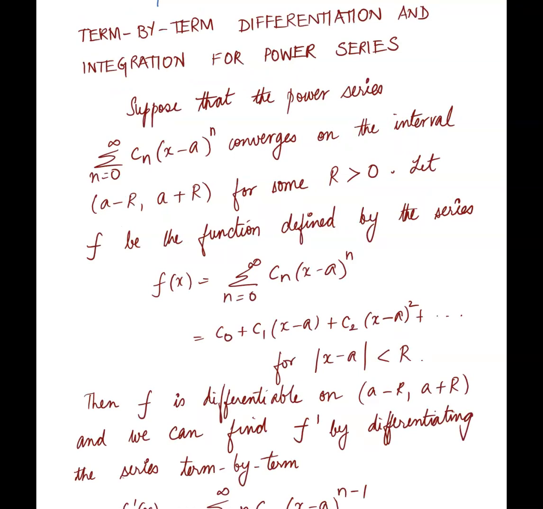So we say, suppose the power series is centered at a and converges on the interval a minus r, comma, a plus r for some positive r. Then the function is defined as f of x itself is summation cn times x minus a to the power n. And you would expand it like this, right? We're saying f is differentiable on this interval a minus r to a plus r, and f prime can be figured out by finding the derivative term by term.